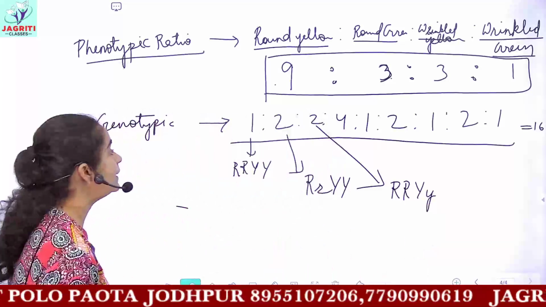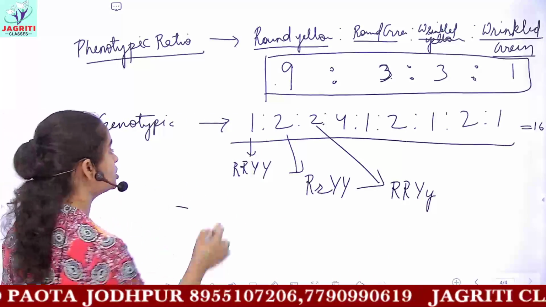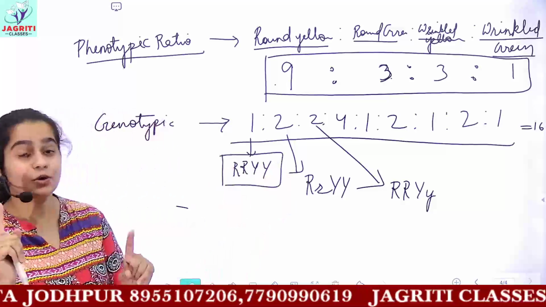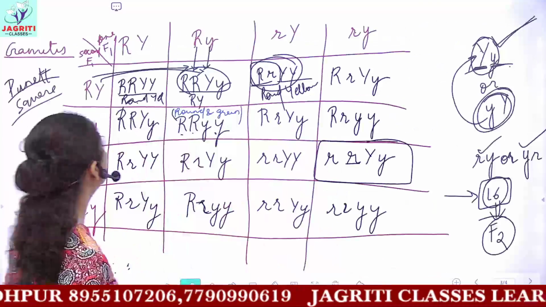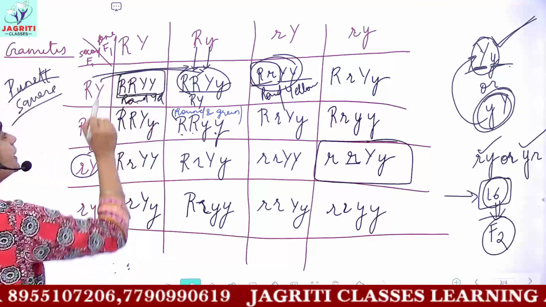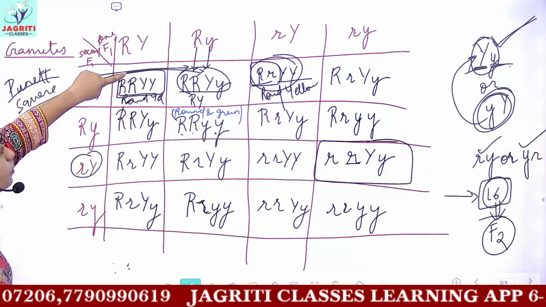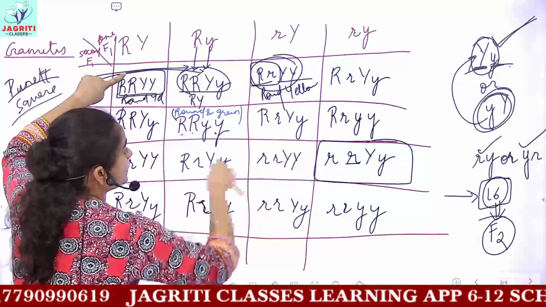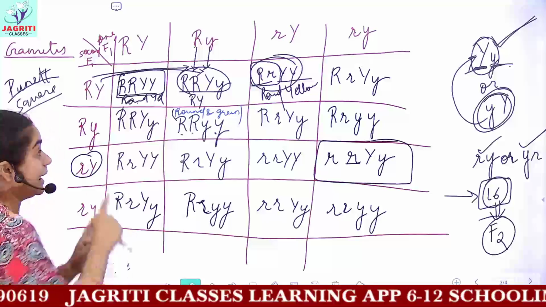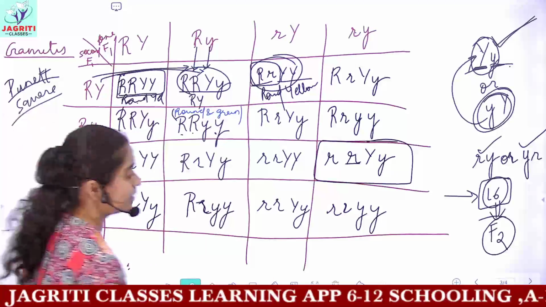You can count that in the total 16 combinations, this genotype is coming only once. This combination is not present in any of the remaining 15 offspring.